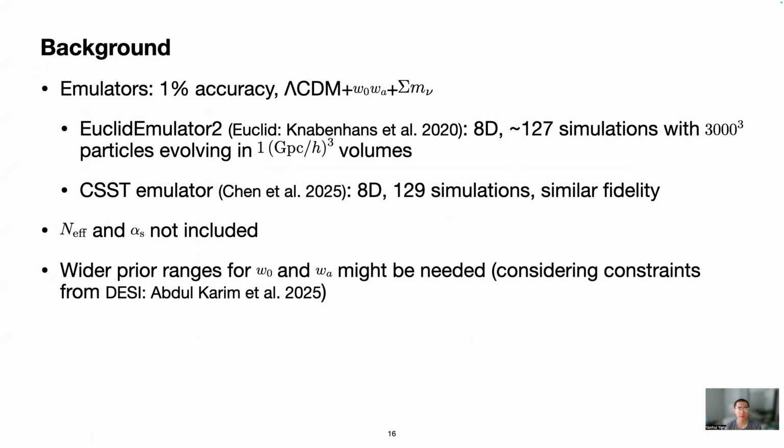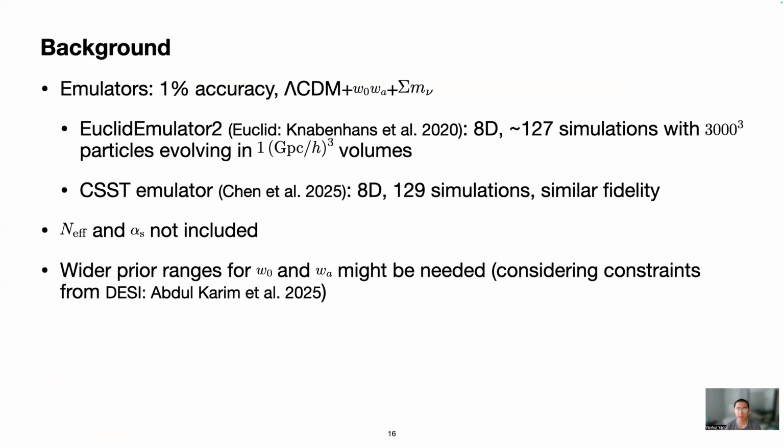There have been some emulators with percent-level accuracy covering both dynamical dark energy and massive neutrinos, like Euclid Emulator 2 and the CSST emulator.